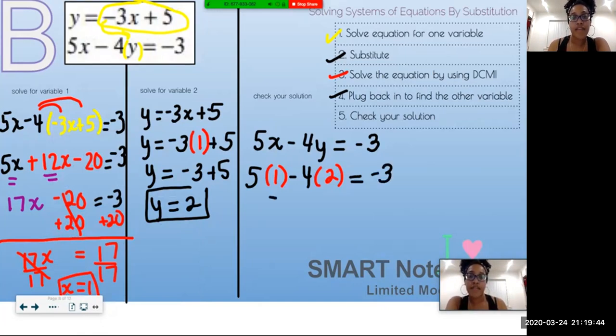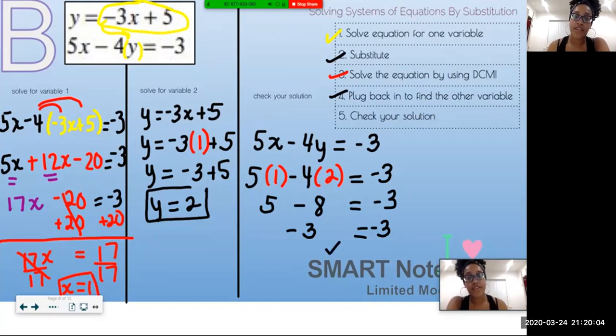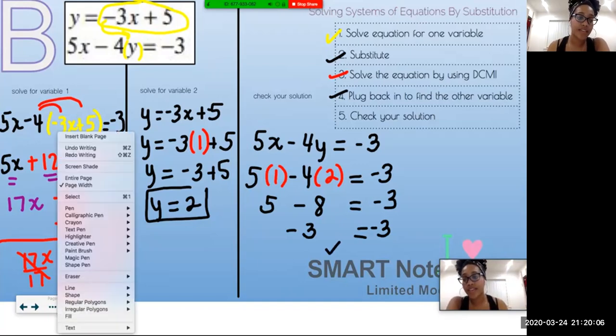So now what's 5 times 1? That's 5. Negative 4 times 2 is negative 8. And we're hoping that's equal to negative 3. 5 minus 8 is negative 3. So negative 3 equals negative 3. That works out. That means that that is a solution.